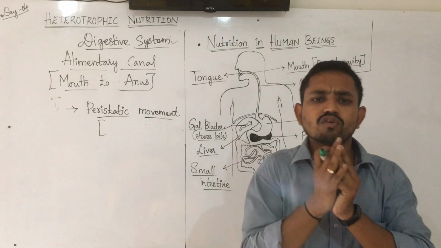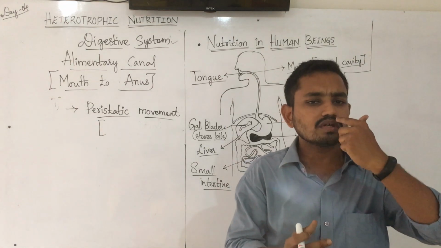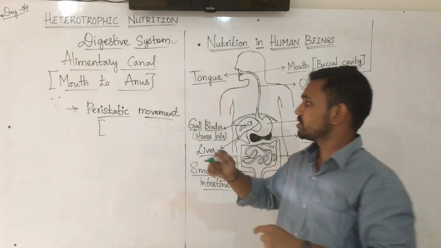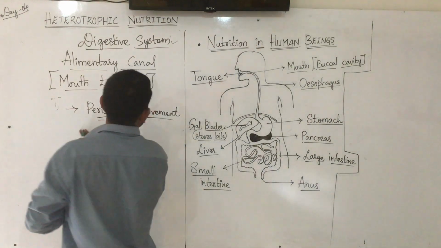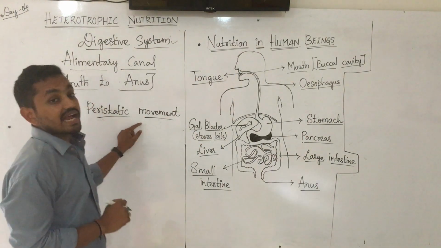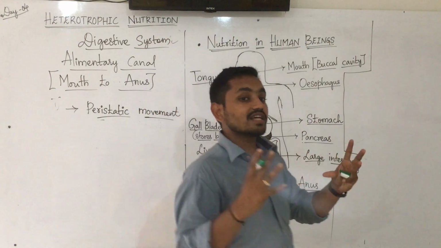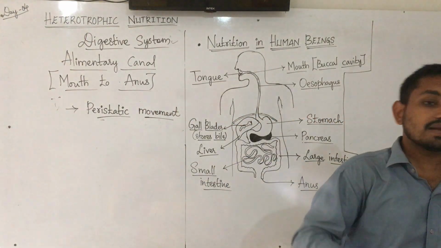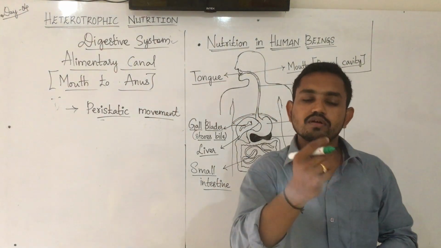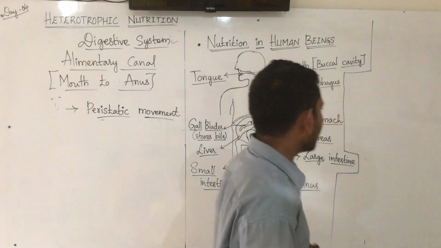So the esophagus is a bridge between the mouth and the stomach. With the peristaltic movement, meaning contraction and relaxation of muscles, the food easily enters the stomach.